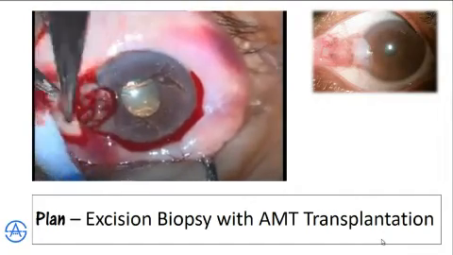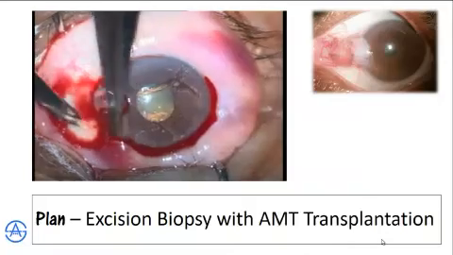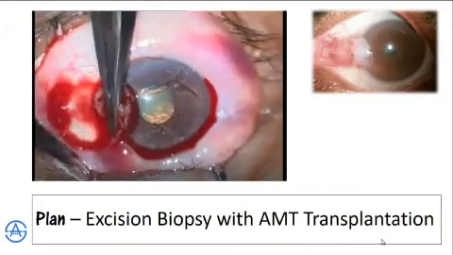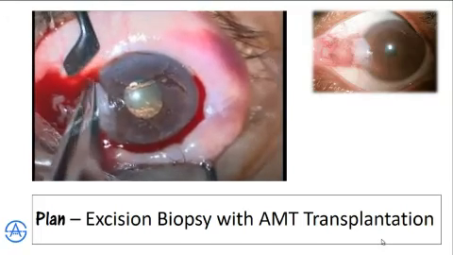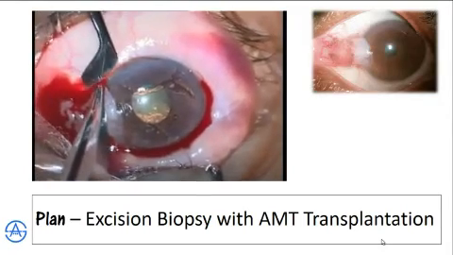Once the conjunctival side of the lesion was excised, then the corneal side was approached.